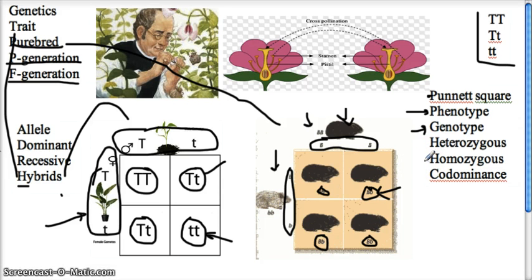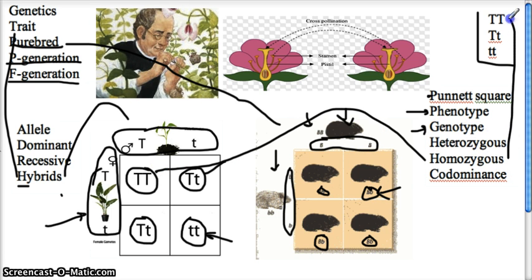So when you have the BB or the TT here, they are homozygous. The two capital letters or the two small letters would be homozygous. But heterozygous is where you have different ones. Heterozygous would be where you have a capital T, for example, and a small t.